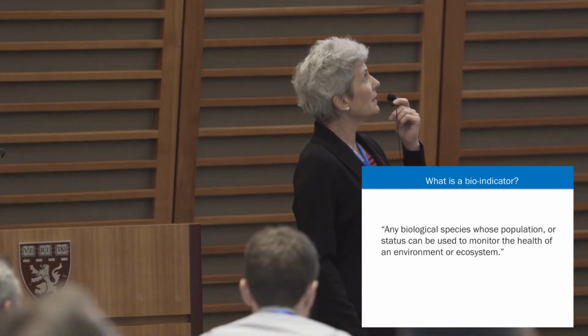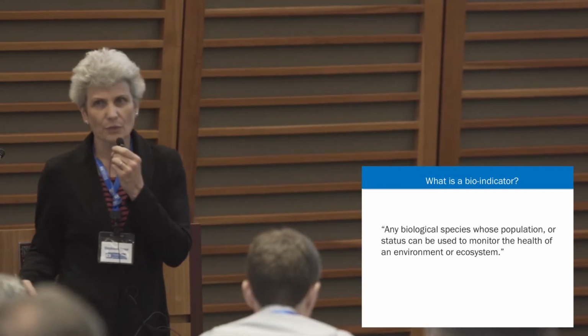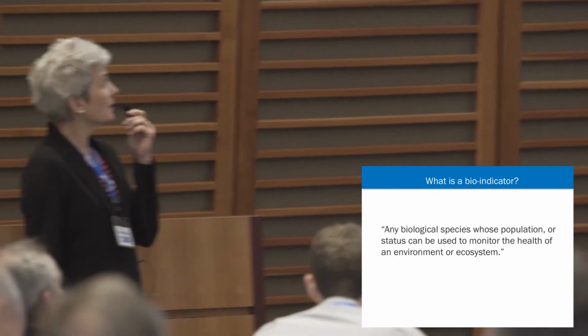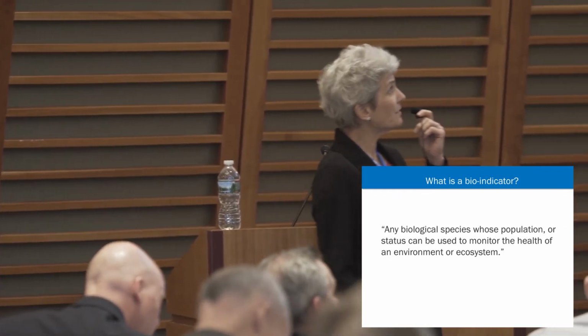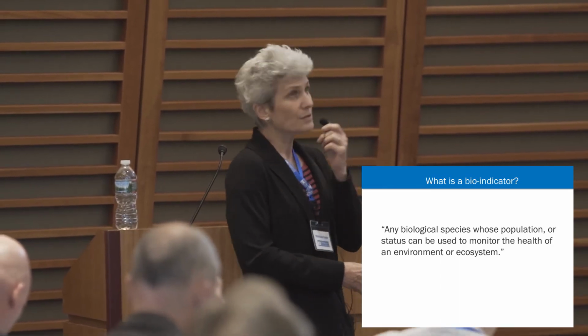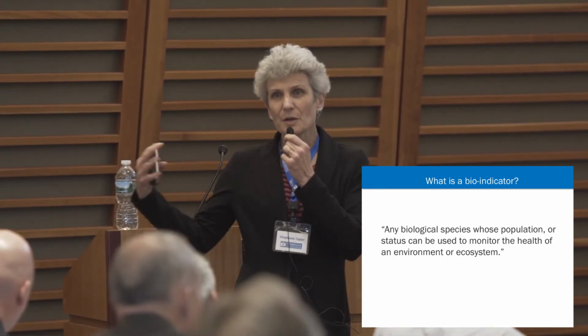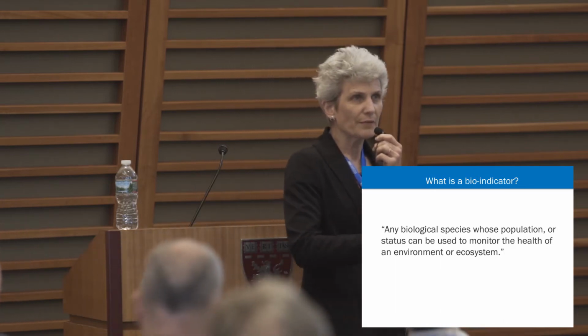So what is a bioindicator? And why is a patient a great bioindicator for how successful a building is? A bioindicator is a biological species whose population can be used to monitor the health of the ecosystem or the environment. So we're going to be looking at patient outcome as a way to take a look at the building.